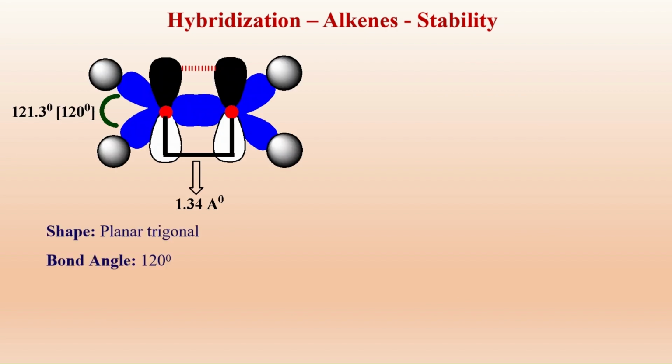by X-ray diffraction studies, electron diffraction studies, and also by IR spectroscopy. This has a planar structure. As it is a planar structure, if I join this, it has a trigonal shape.